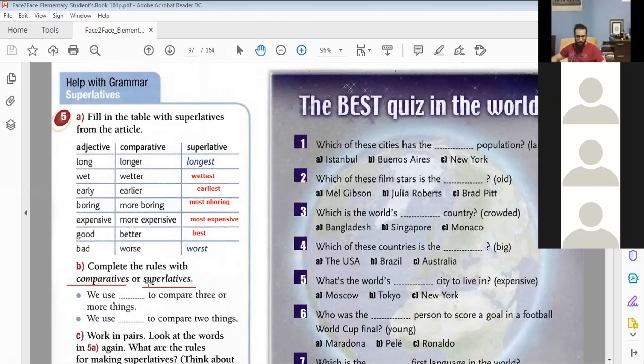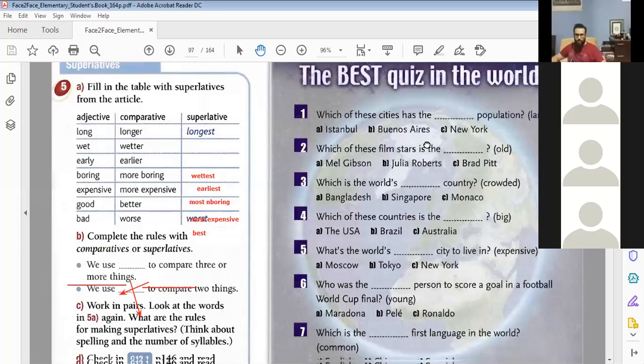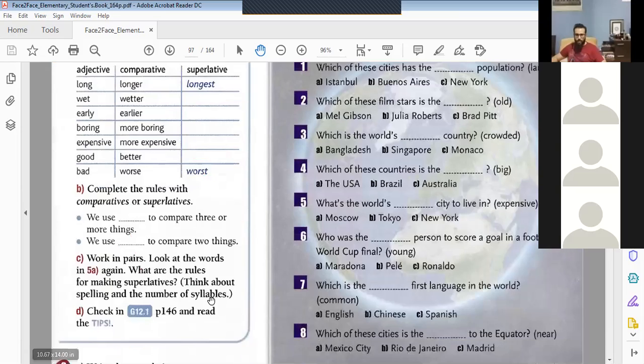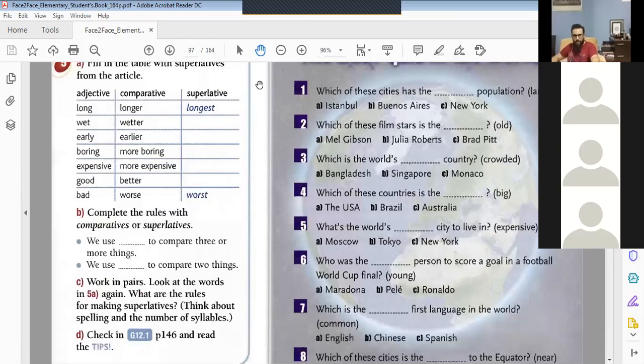And we use comparatives to compare 2 things, right? Yes. I think that's correct. All right, so it says here, look at the words in number 5A again. What are the rules for making superlatives? Okay, let's review the answers.